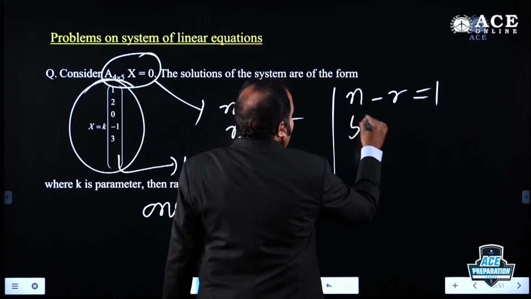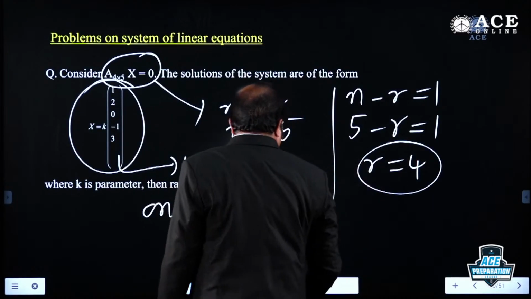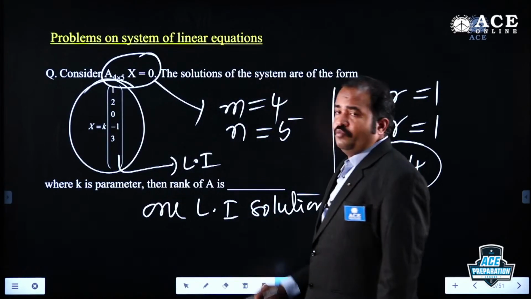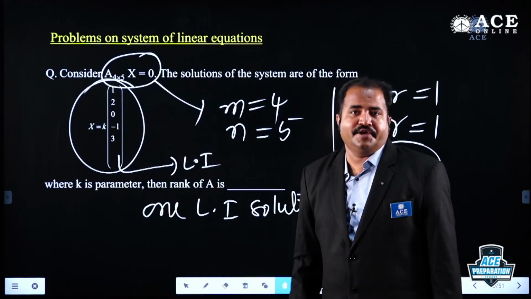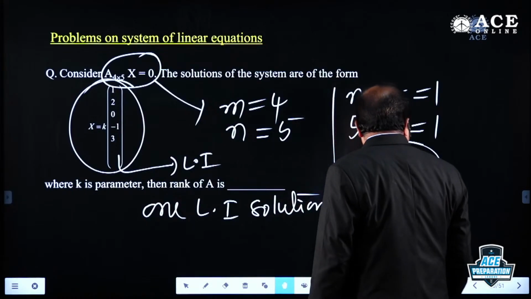N is 5. R is required. So clearly r equal to 4 only. So the rank of the matrix is going to be 4 only. Very good example on this nullity. We have an identity, rank plus nullity equal to n only.